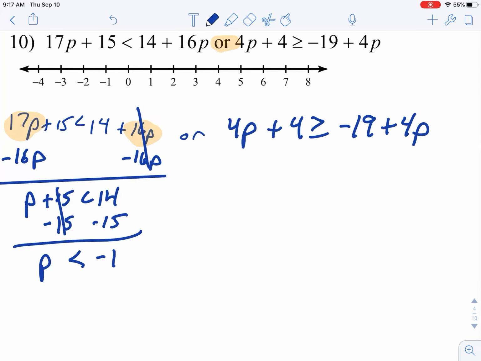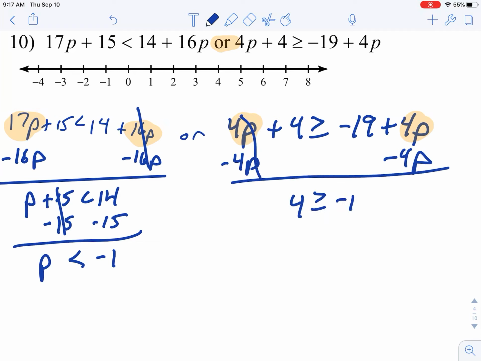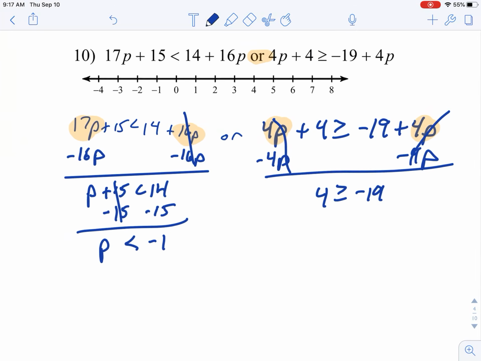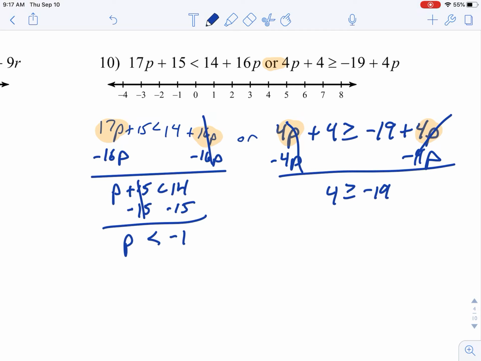Let's come over here to the other side. Ooh, this is strange. So I need to get these terms together. Minus 4p, minus 4p. I get 4 is greater than or equal to negative 19. So the variable completely cancels out.